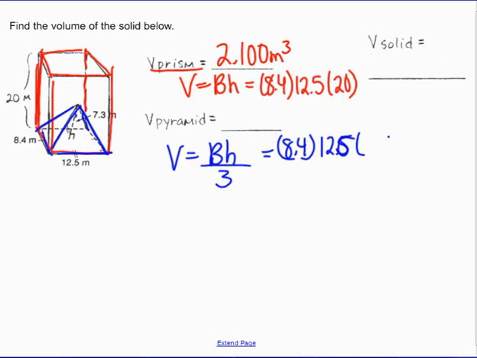So the height of the pyramid is 7.3. And then I have to divide all that by 3 at the end. So when I type all that out, I get 255.5 meters cubed.